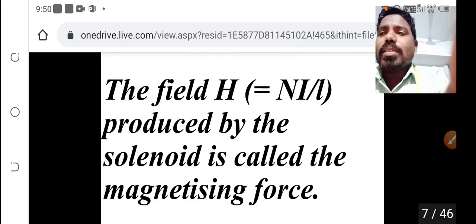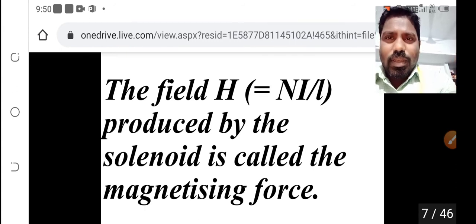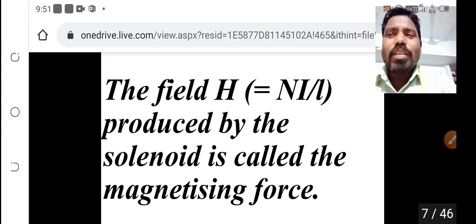The field H produced by the solenoid is called the magnetizing force. What is the magnetizing force? When the specimen, the iron specimen AB, is introduced in the solenoid, the solenoid generates a particular field that is represented by H. The field H produced by the solenoid is called the magnetizing force.